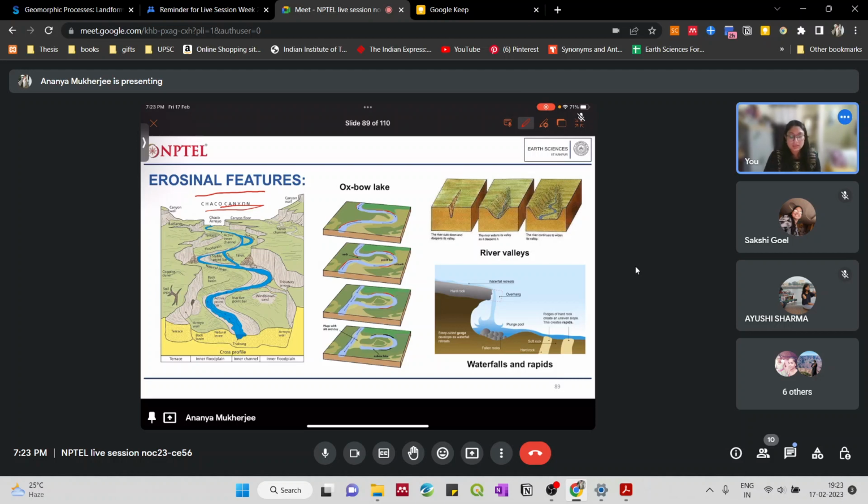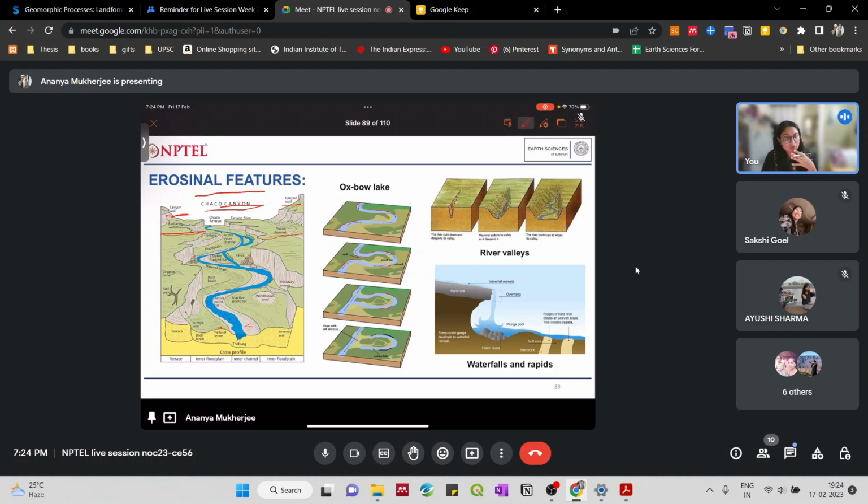These take time. You can see that currently the river is flowing over here, but these canyon walls formed much earlier in the geological past. First the canyon walls were formed, and then when these plain areas formed, the river was flowing at a quicker stage.